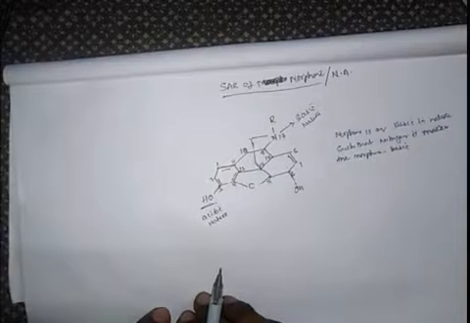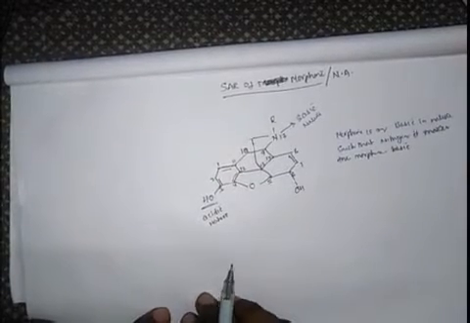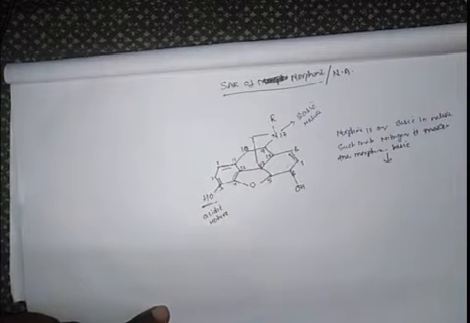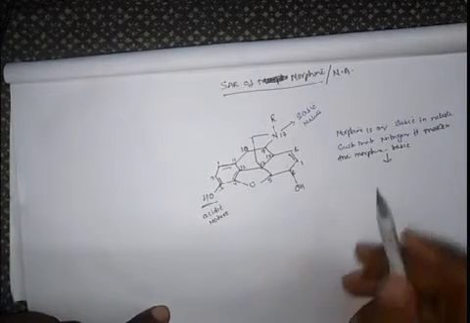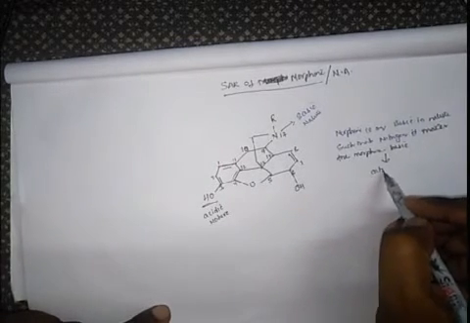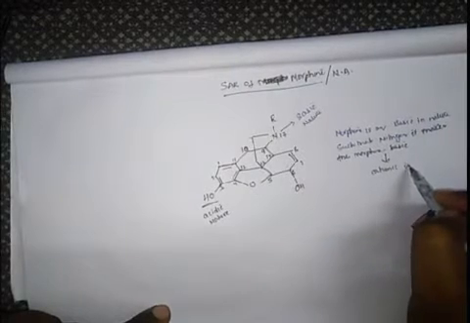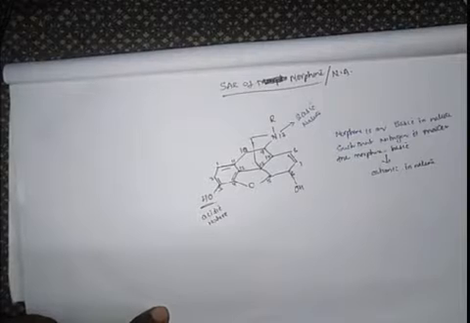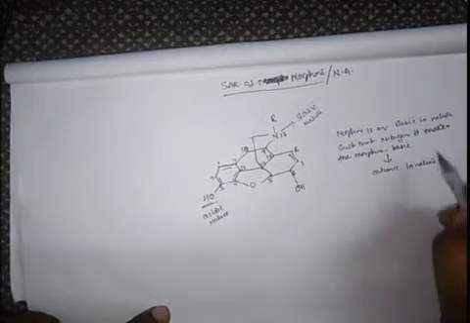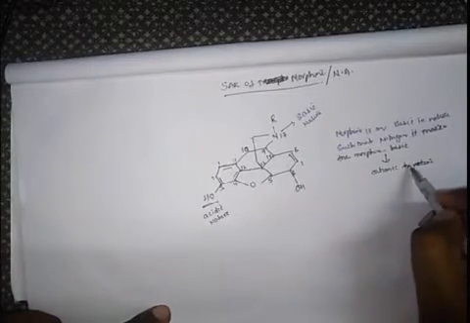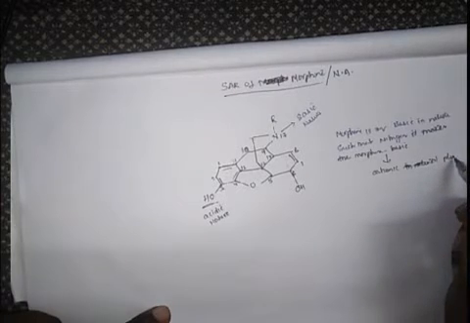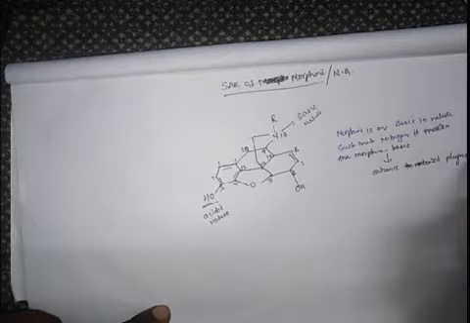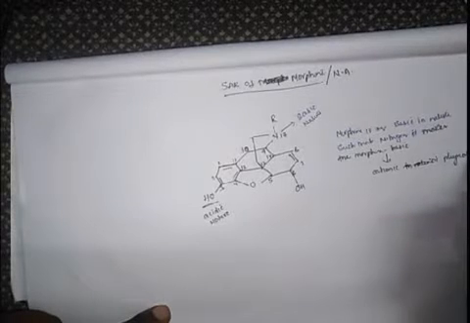Due to its basic nature, morphine and morphine analogs exist as cationic in nature, cationic at physiological pH.